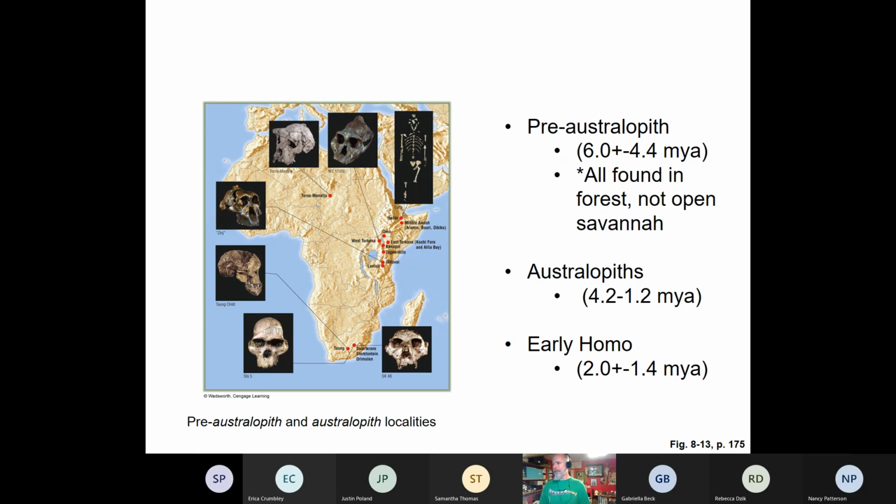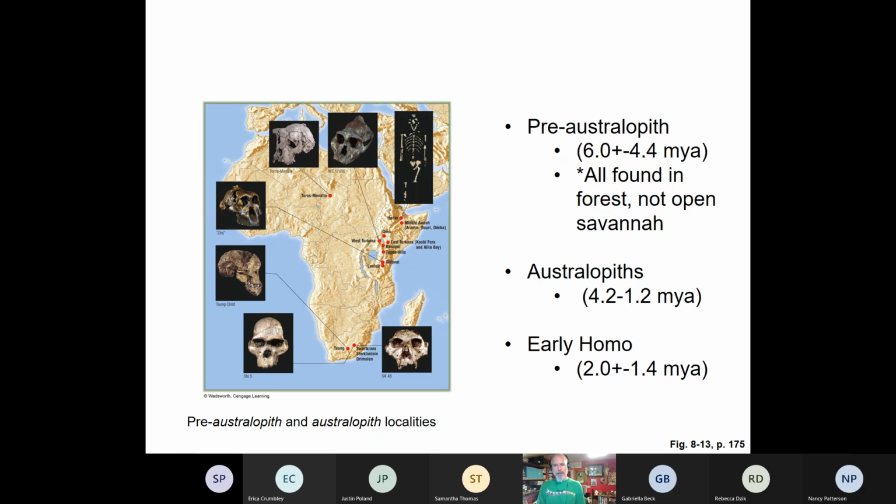So, yes, another important point to be made about these pre-Australopithecines, the location. Although not all are in the east, there's one, Sahelanthropus, in the central part of Africa, as you see. However, what they all have in common is that where they lived, where they were found, were in trees, underneath trees or near trees.